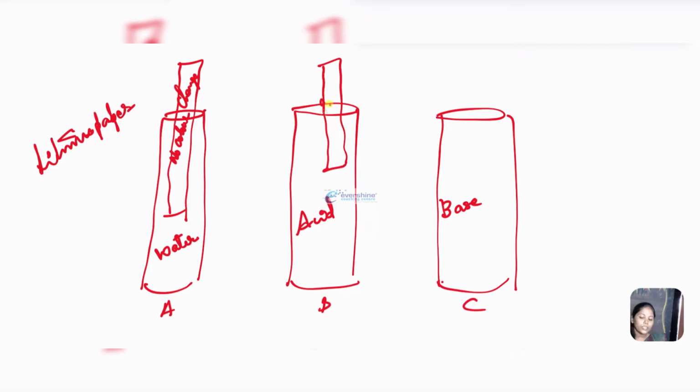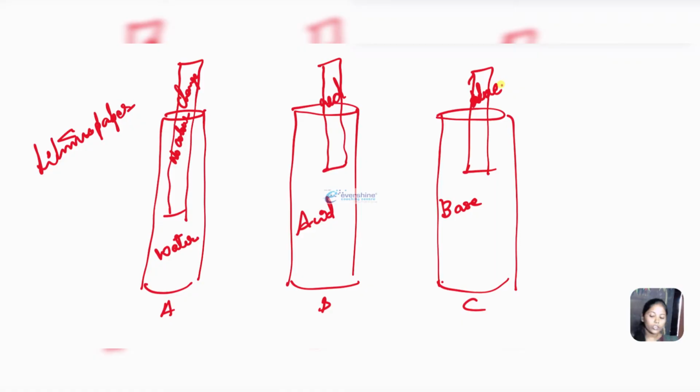It will change into red. If it is changing from blue to red, the solution consists of acid. If you take red litmus paper in base, it will change into blue color. So by this we can identify acid, base and water.